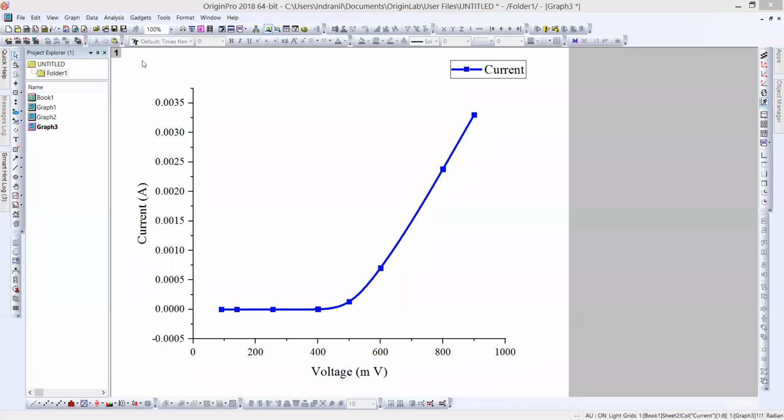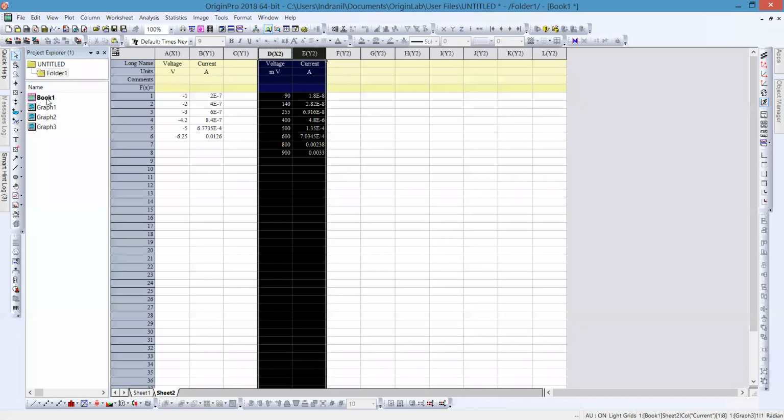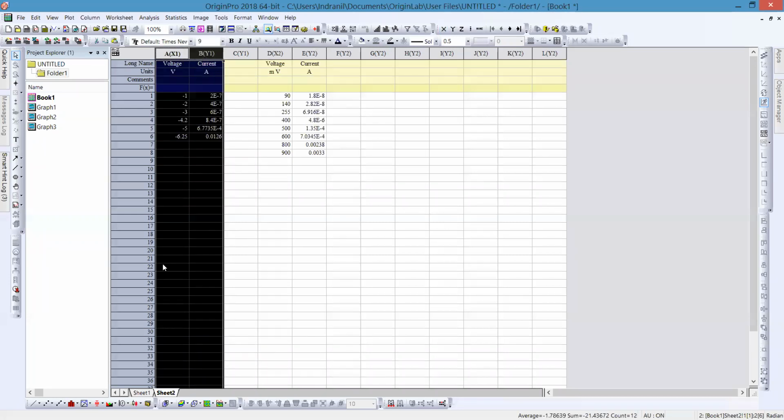The cut-in voltage for silicon or germanium, for different diodes, was different. We have discussed already, right? Normal PN junction diode, silicon diode or germanium diode.